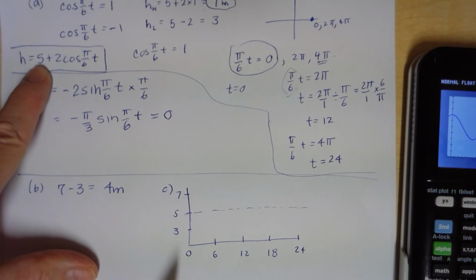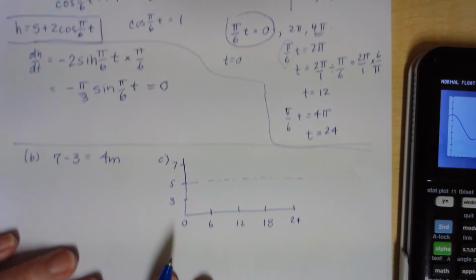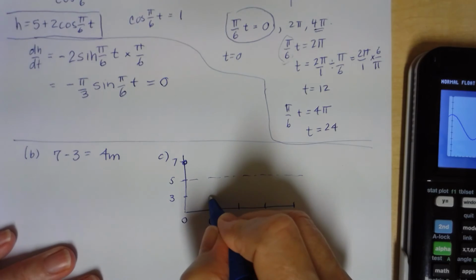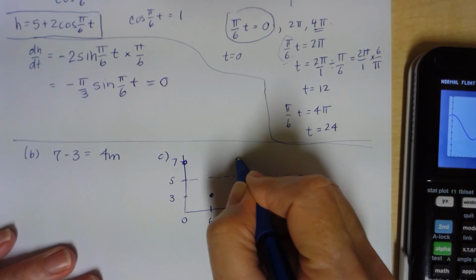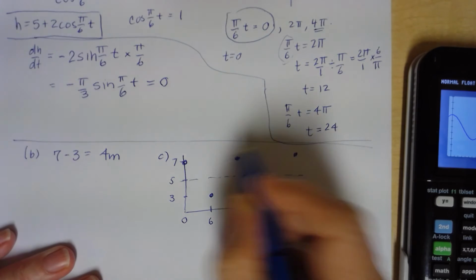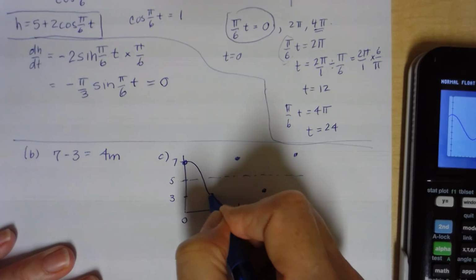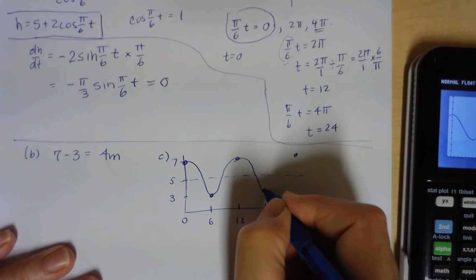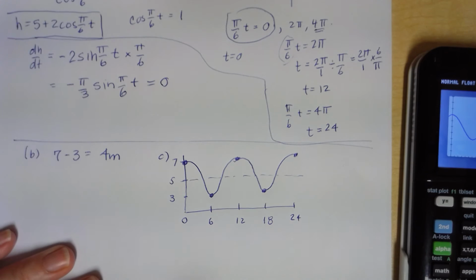That's the D usually, and that's where the equilibrium is. And I know that there's a high point and a low point and a high point and a low point and a high point, and that's good enough. I just want to get the curve looking like a cosine or sinusoidal curve, and I can graph it right off the calculator.